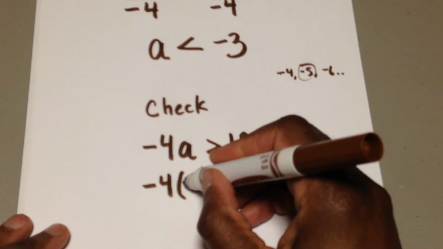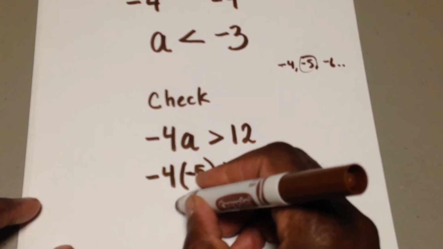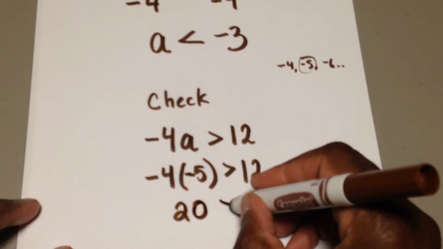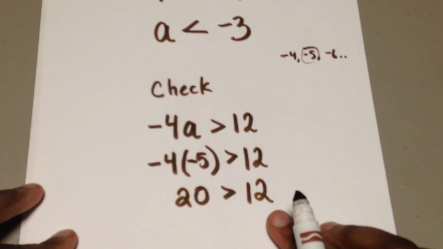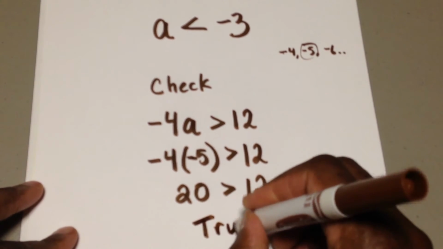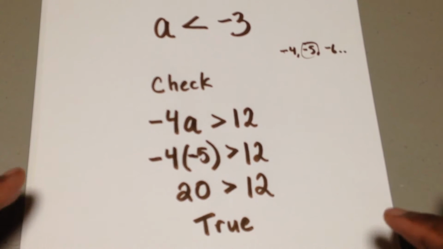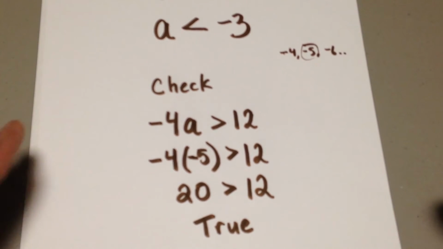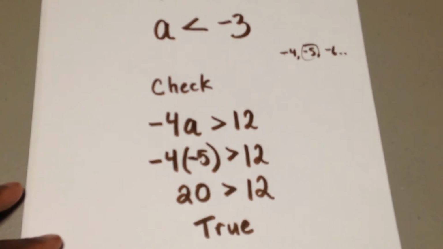A negative times another negative will give me a positive 20. And as it shows, positive 20 is greater than 12. Is that true? That is true. So it was right for us to change the direction of the inequality symbol in order to make sure that we get the correct solution set.